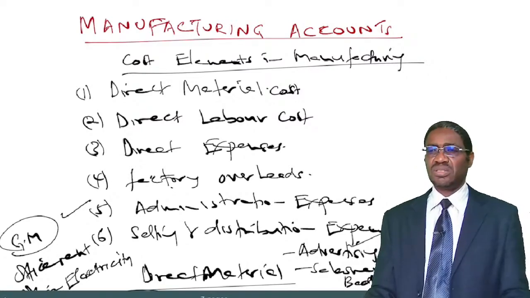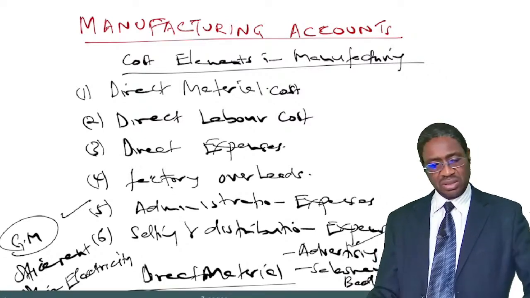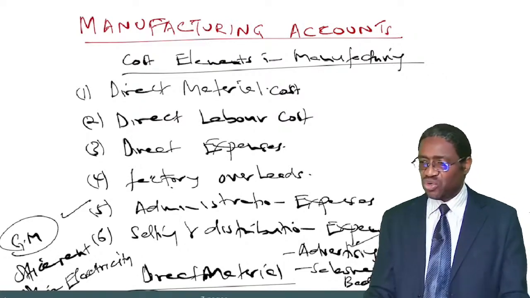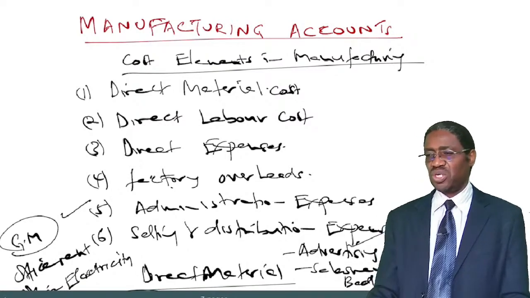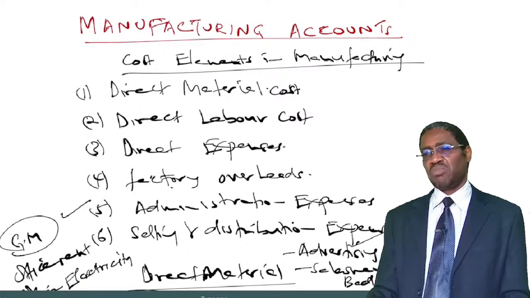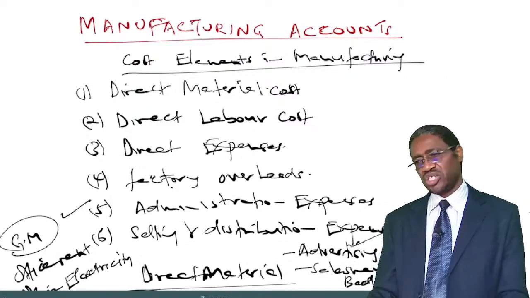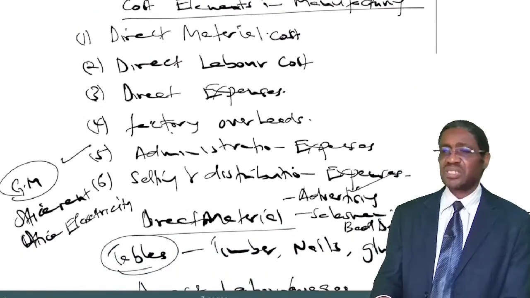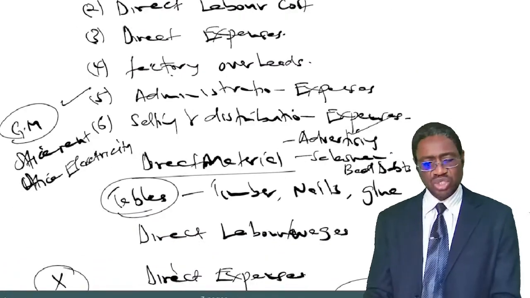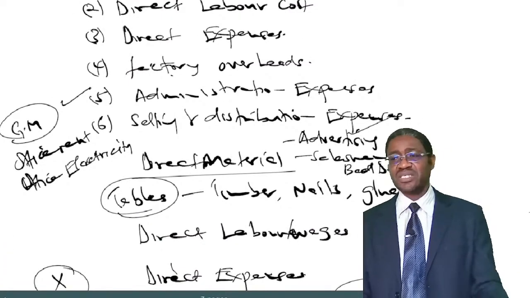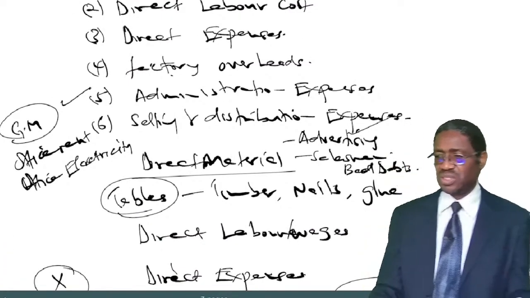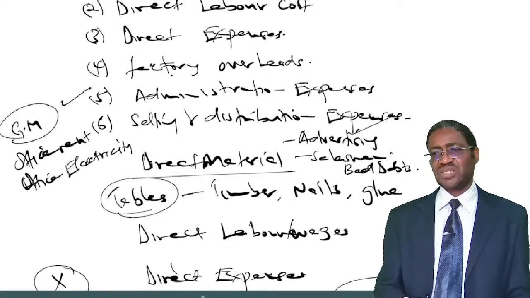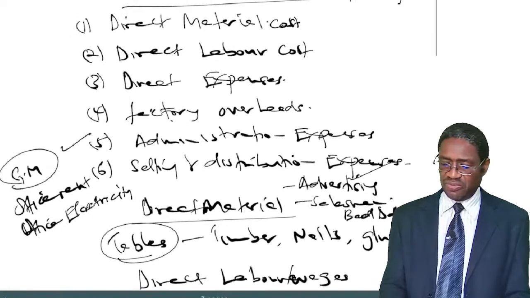Number three, direct expenses. Number four, factory overheads. Number five, administration expenses. Number six, selling and distribution expenses. That is it. Now we can write for each of them.